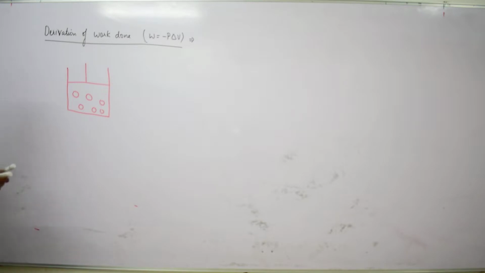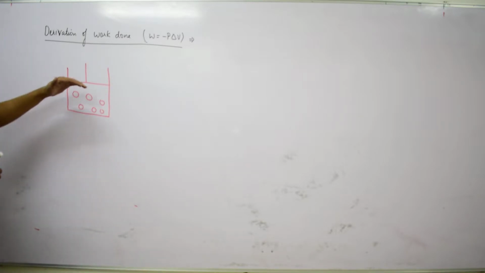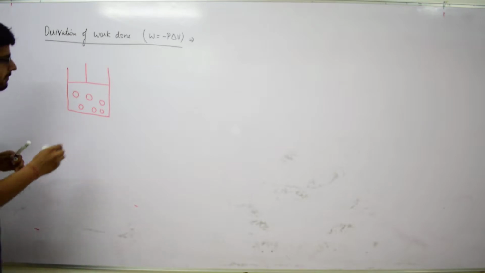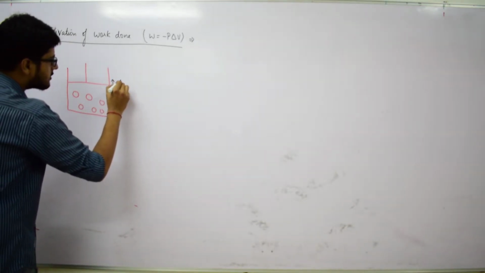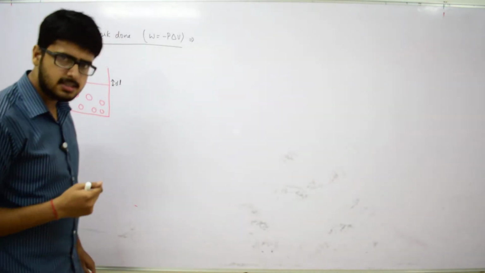Now, let the pressure be released, and when pressure is released, this piston will be lifted upward. Let the expansion be equal to a small length element, that is dl.